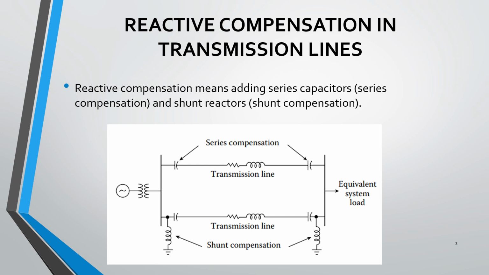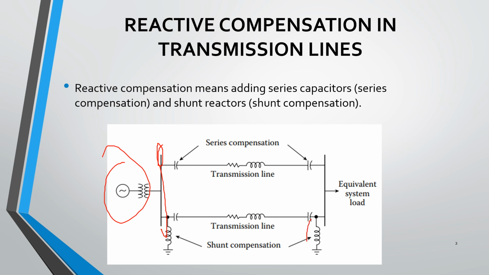So here is the diagram for you. This one is the sending end or generation side with the step-up transformer, and this is the bus bar. This is the compensation arrangement of the reactive components, that is capacitors, which are embedded in series with the transmission line on both sides, the generation side and the load side as well.